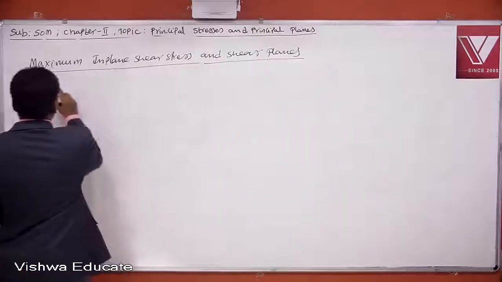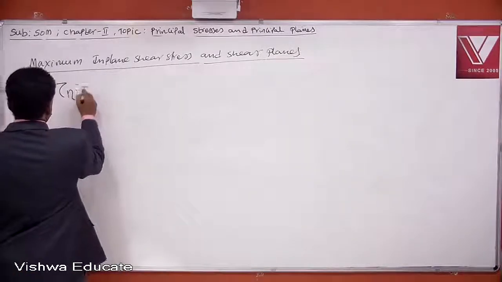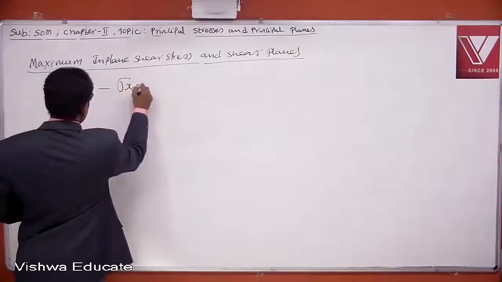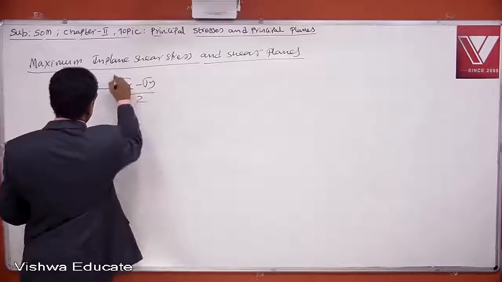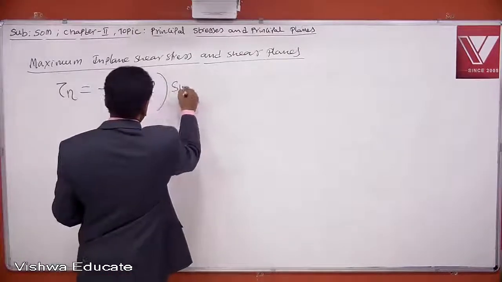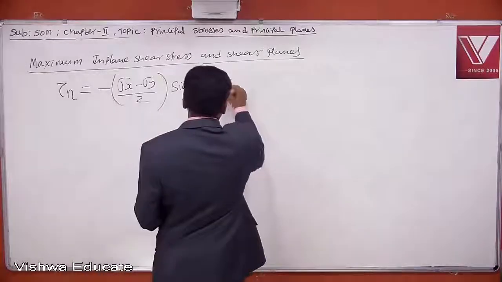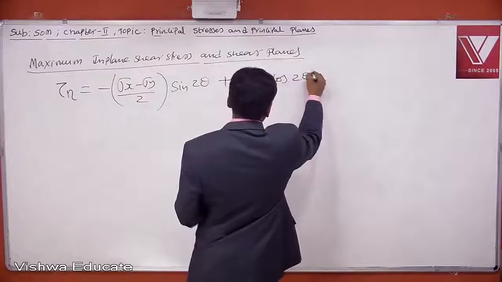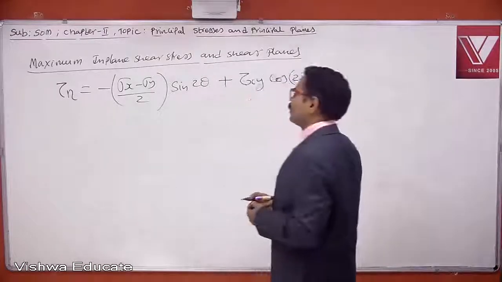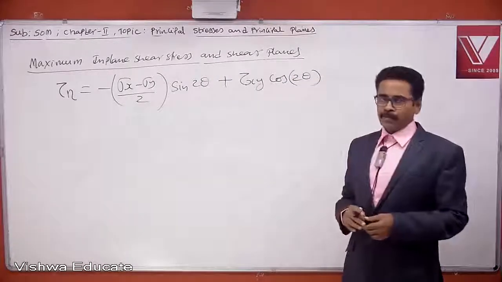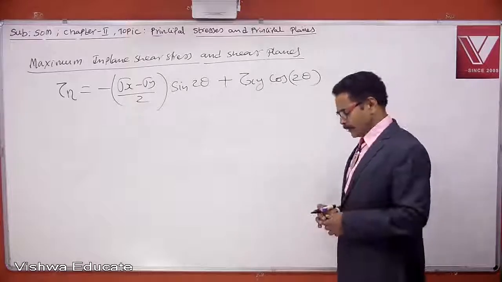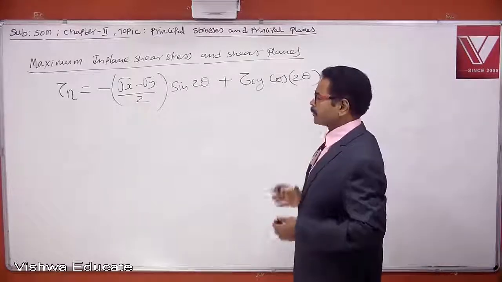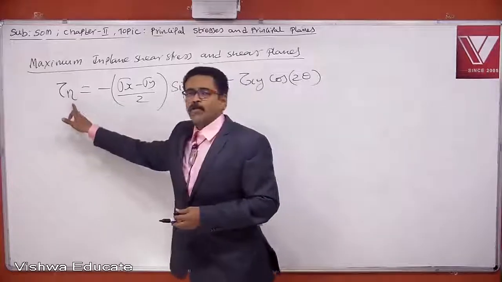The general formula for shear stress is tau n equals minus of sigma x minus sigma y by 2 into sin 2 theta plus tau xy into cos 2 theta. This is the general formula to find shear on any plane. Now I want to find the maximum tau n.